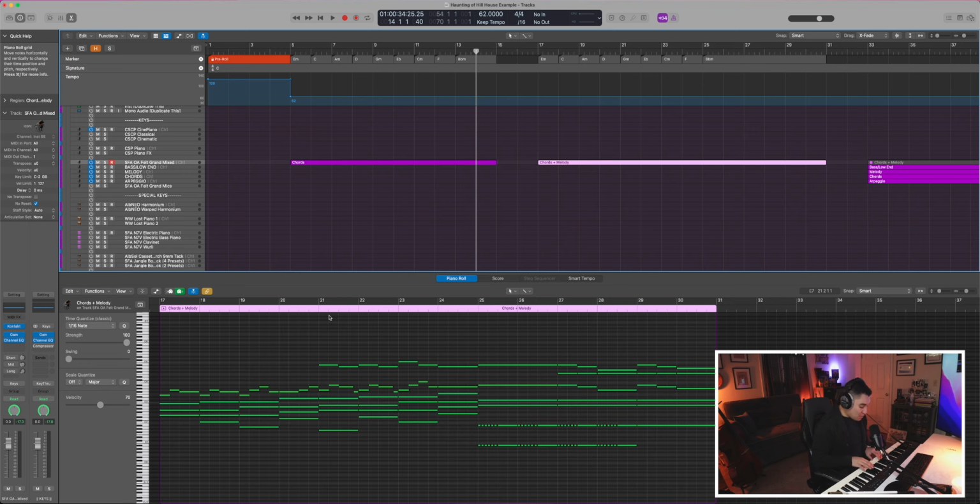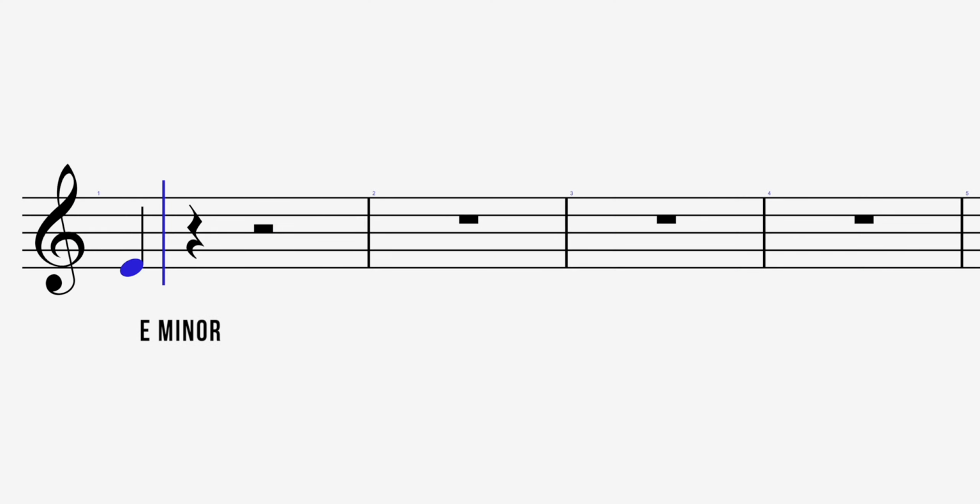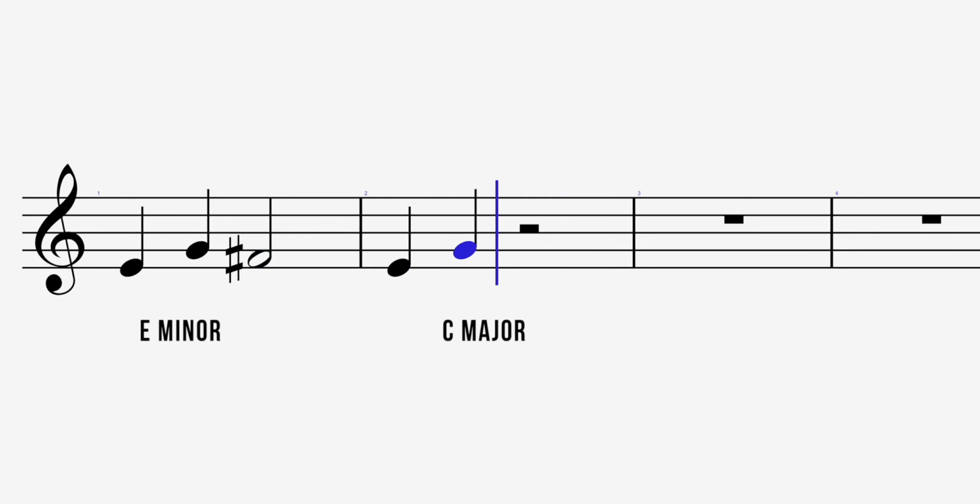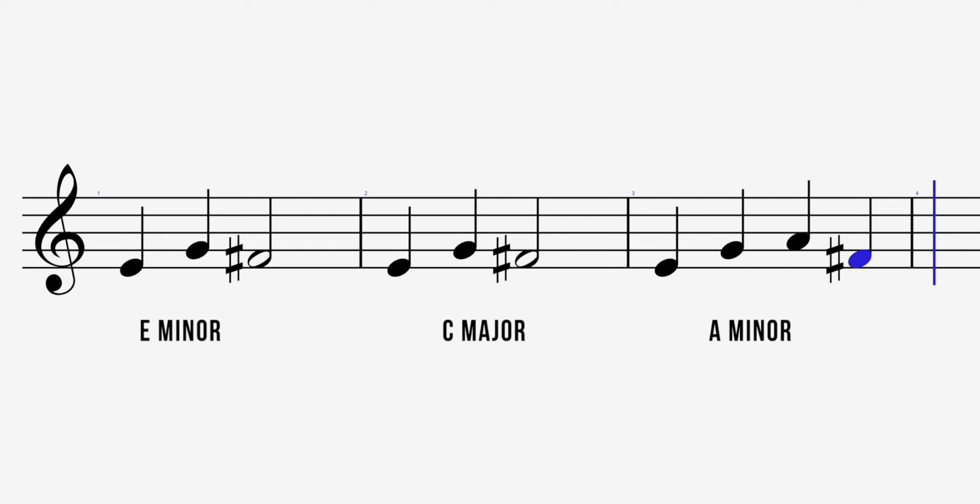Not yet. So when we go from E minor, tension is rising, but then we go to A minor. And the melody almost gives us a little bit of relief.